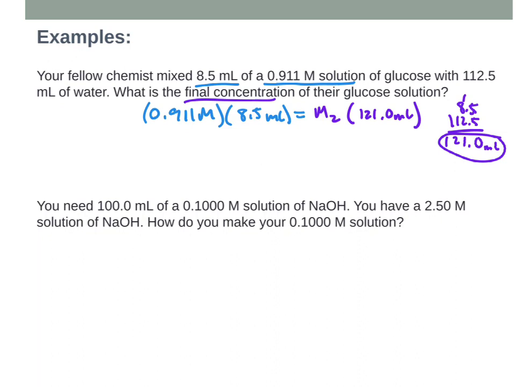And then I'm solving for M2 again, that final molarity, excuse me. So I divide both sides again. Milliliters cancel.